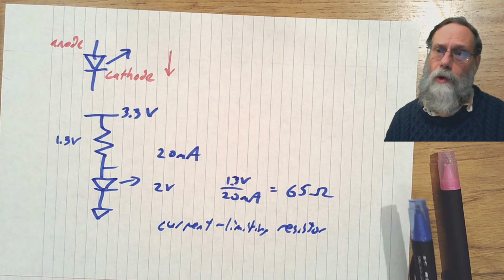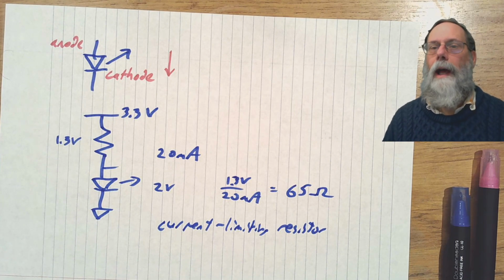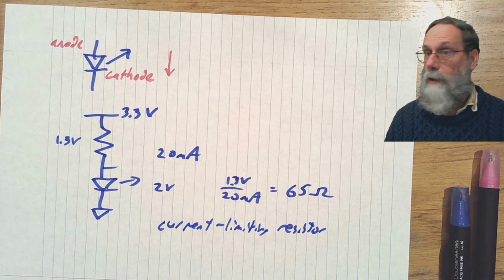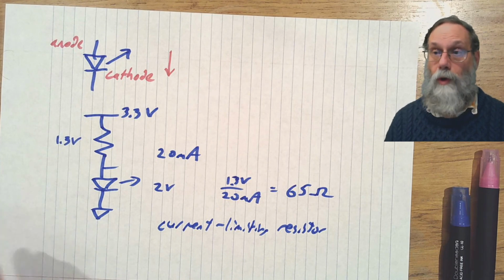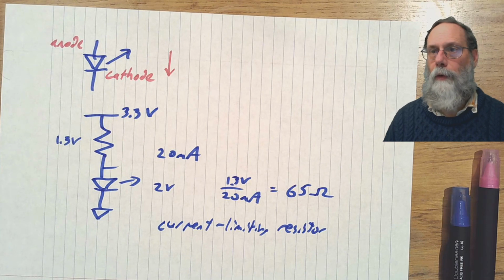But the current limiting resistor works pretty well to do safe design for LEDs as long as you're not pushing the current limitation up to the maximum you can get for that LED.